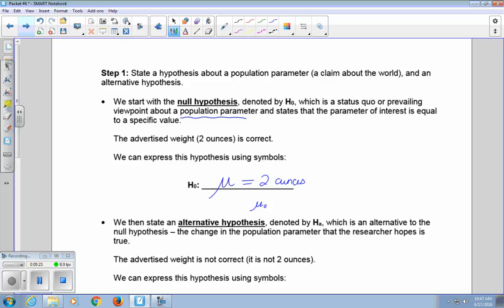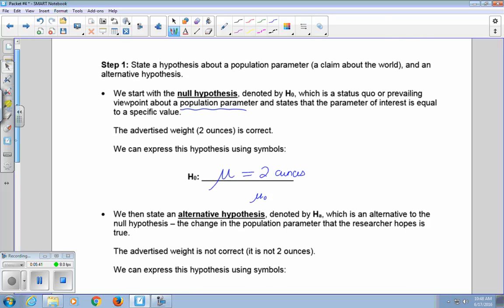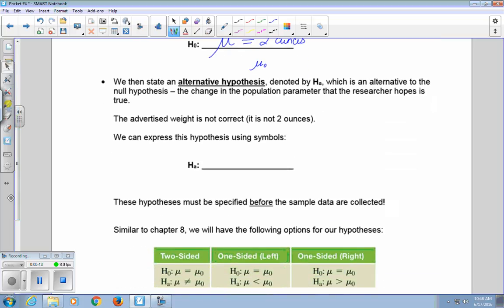Then we state the alternative hypothesis denoted by HA, which is the alternative to the null. It is the change in the population parameter that the researcher is hoping is true. This researcher's question, and this is where we find the alternative hypothesis, is wanting to know whether the advertised weight is not correct.